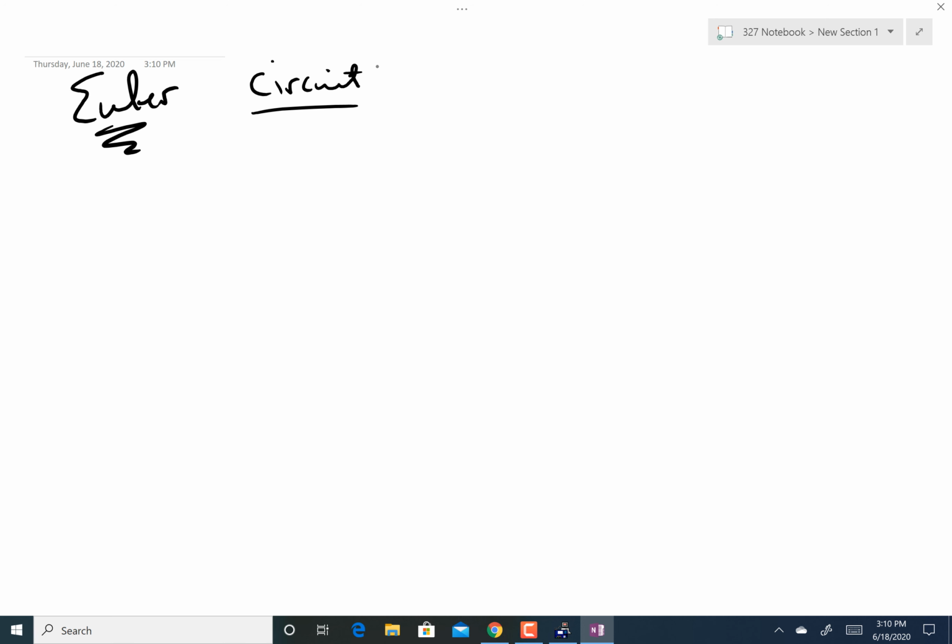It's a circuit that contains every vertex and every edge of G. That is, an Euler circuit for G is a sequence of adjacent vertices and edges that has at least one edge and starts and ends at the same vertex, uses every vertex at least once, and uses every edge exactly one time. Okay?